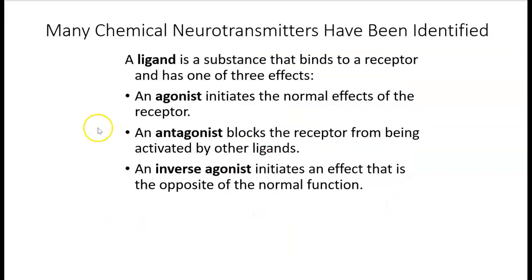We know what a ligand is. When a ligand binds to a receptor, it can activate it, and something that activates the receptor, meaning that it can be even a different chemical, something that activates a receptor, which causes the normal activities to happen, is called an agonist. An antagonist is something that's going to block it.